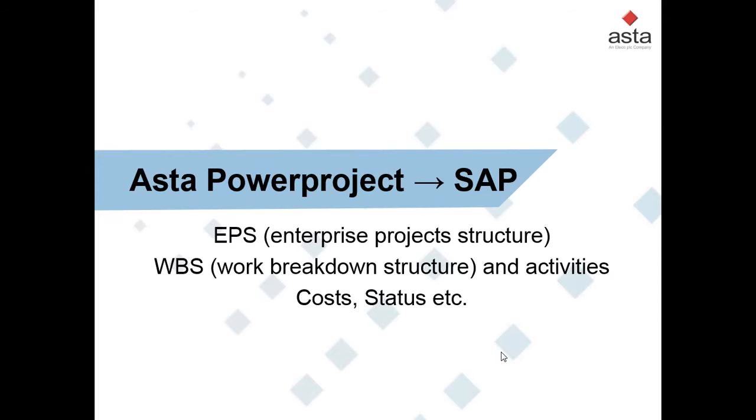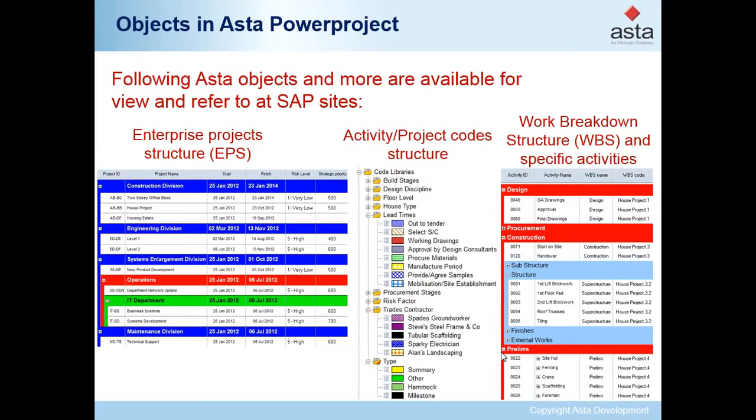And when we look at that Asta Powerproject to SAP, I will be showing on the system, not a PowerPoint presentation, showing on the system. And the Asta Powerproject simply allows, when we look at that, you can have your WBS structures, enterprise structure, and with the coding. Why these are important?